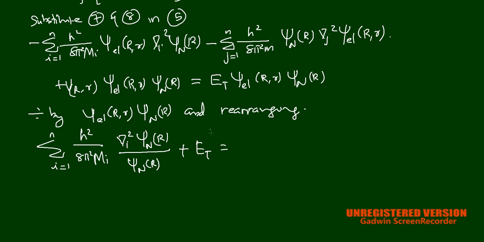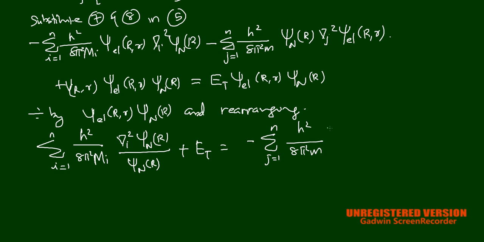That is equal to minus sigma j equals 1 to n, h square divided by 8 pi square m. Then psi N(R) del j square psi electronic(r,R) divided by psi electronic(r,R) psi N(R), so psi N(R) cancels from the numerator.